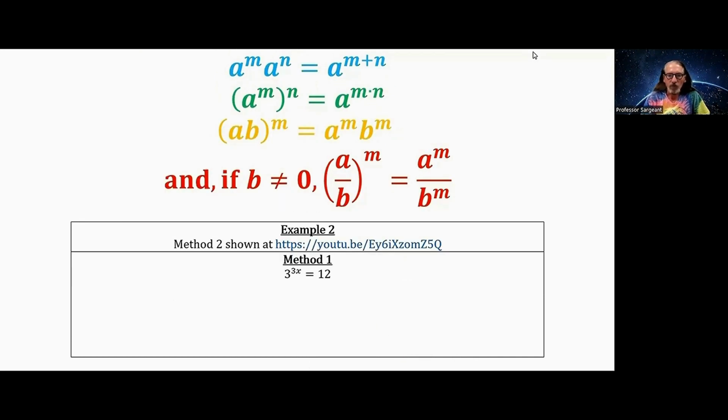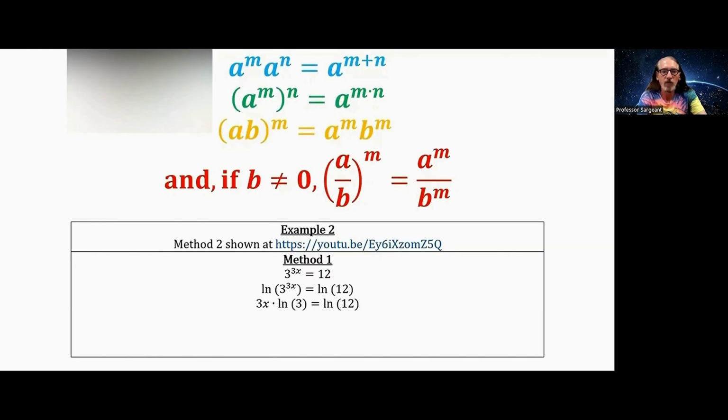This next example is very similar to the previous one, but for the sake of completeness, since I filmed this same example some time ago using method 2, I'm going to show this one as well. So in the approach that I'm most used to, again, we have the part where the variable is in an exponent that is isolated, and so I can take the natural log of both sides right away, and then apply the power rule for exponents, bring the 3x out in front, times the natural log of 3.